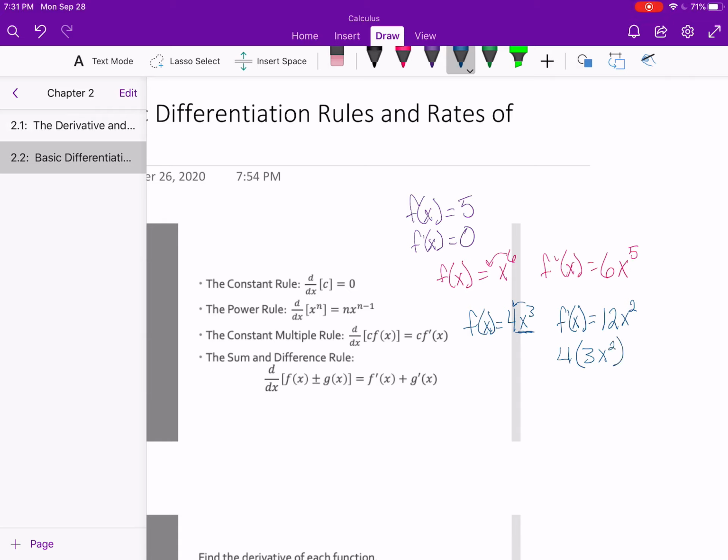And then the sum and difference rule: if you have things being added or subtracted together, the derivative is the derivatives added or subtracted.